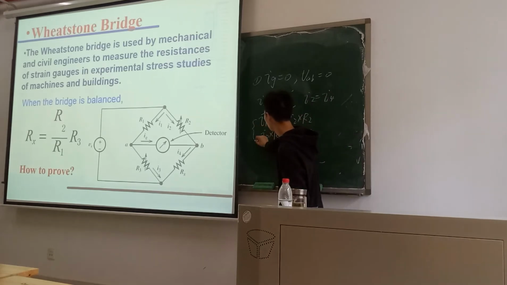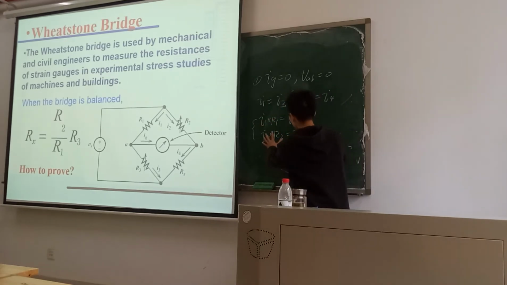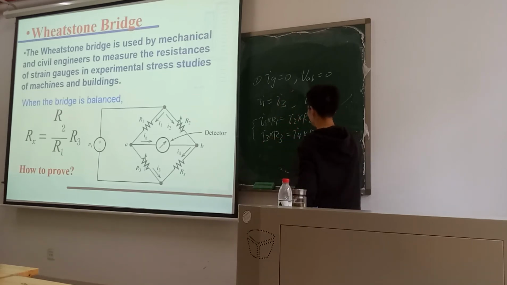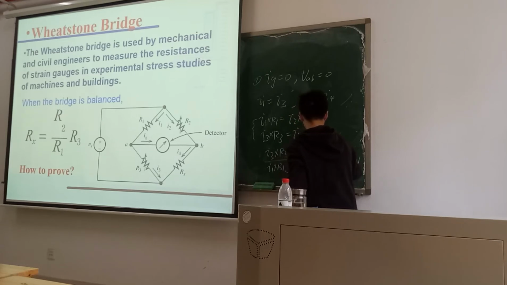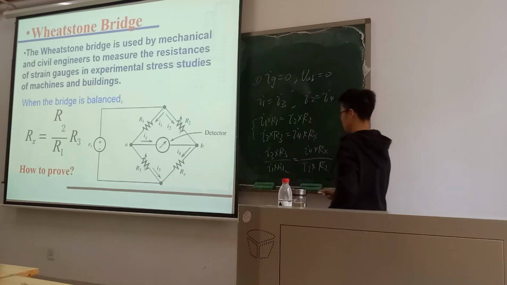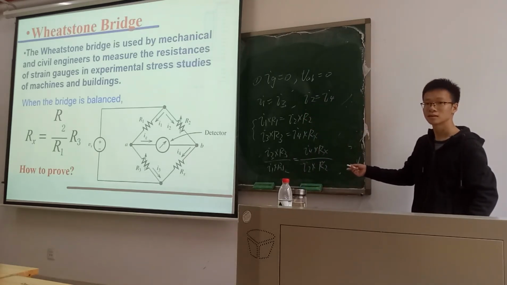So combine these two equations. You can use this one divided by this one. That is I3 times R3 over I1 times R1 equals I4 times Rx over I2 times R2. Understand?